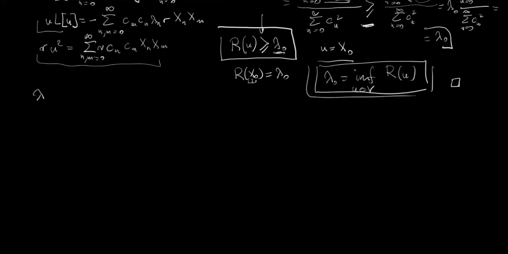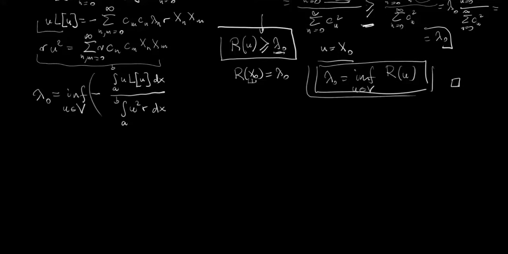Okay, so let us write the result in full beauty: lambda_0 is equal to the infimum over all functions from the vector space V satisfying boundary conditions of the integral from a to b of u L of u dx divided by the integral from a to b of u squared r dx, right?